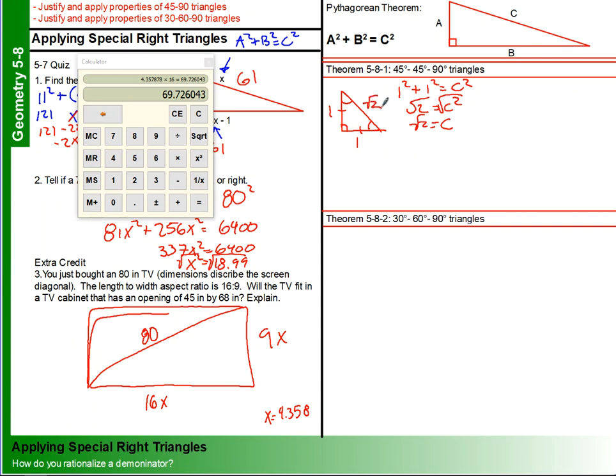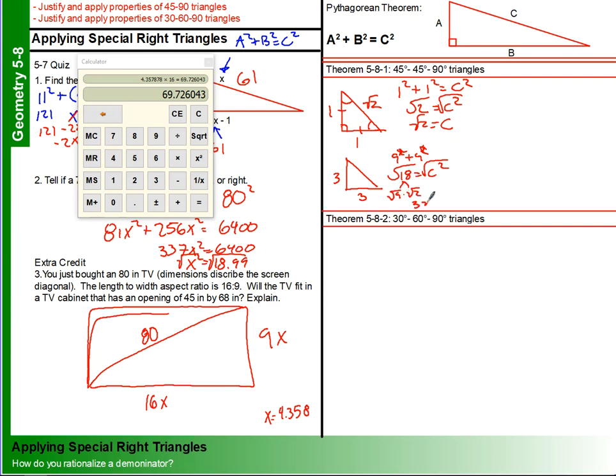And as luck would have it, let's apply a scale factor of 3. Using the same logic, we have 3 squared plus 3 squared, which is 9 plus 9, which is 18, because 3 squared is 9. It's equal to c squared. Square root, break this apart, so we have the square root of 9 times the square root of 2.